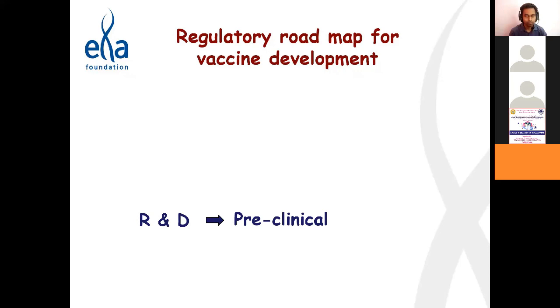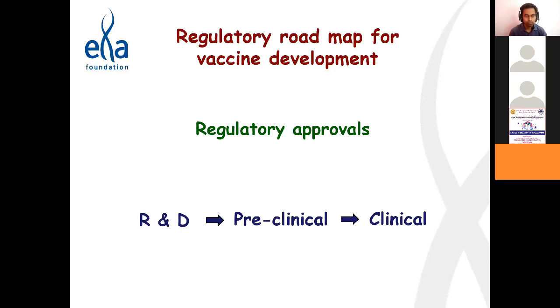Different animals need to be used, especially one rodent and one non-rodent is enough for doing that. After proving that it is not toxic in animals, then comes the next part: we move ahead for approval and clinical studies.